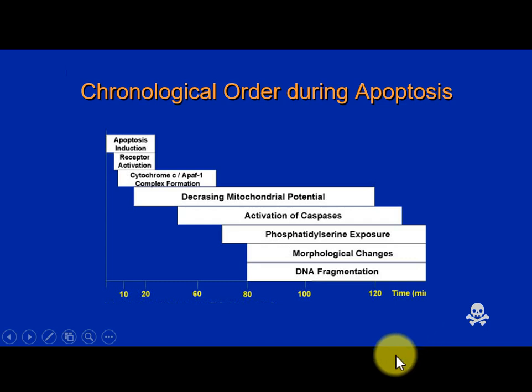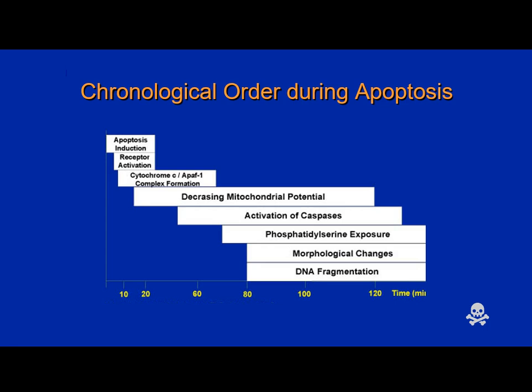So for different stages during apoptosis, you should use different methods to check apoptosis. Okay? At the beginning, the DNA won't fragment because the DNA is inside the nucleus, protected by the nuclear membrane.